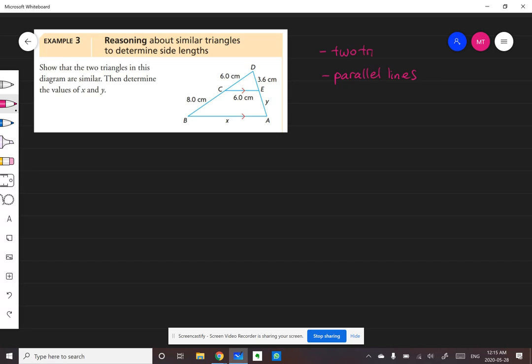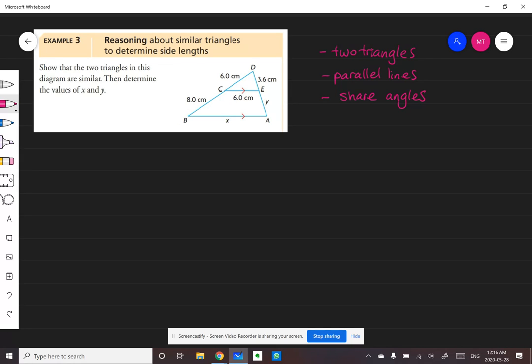And I also note that there's a shared angle. So I can see that in this big triangle, ABD, there's this angle D at the top. And I can also see that in the smaller triangle, D is also one of those angles.